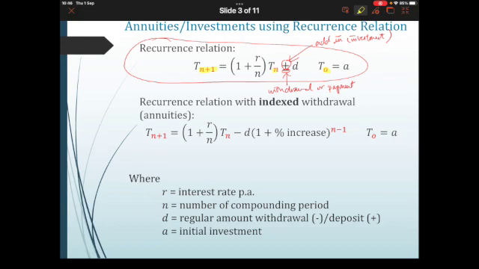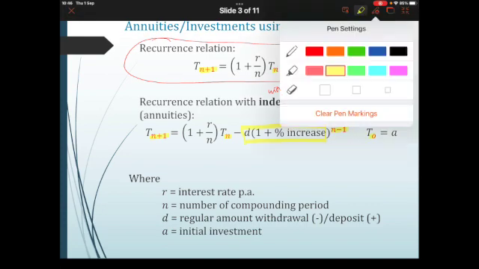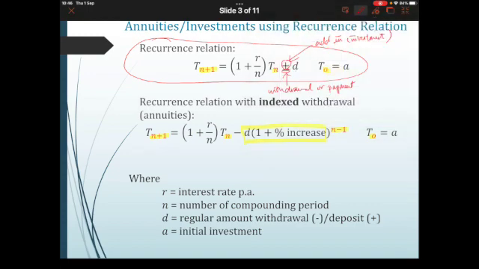Again, next thing, if you look at recurrence relation with index withdrawal, which is for annuities only. When you have index withdrawal, you are withdrawing a certain amount of money with a certain percentage increase. Again, I'm going to highlight this, and this. They are all related to N. Now, I recall that when I first introduced this concept, I actually stated that this is N. In fact, I made a mistake there.